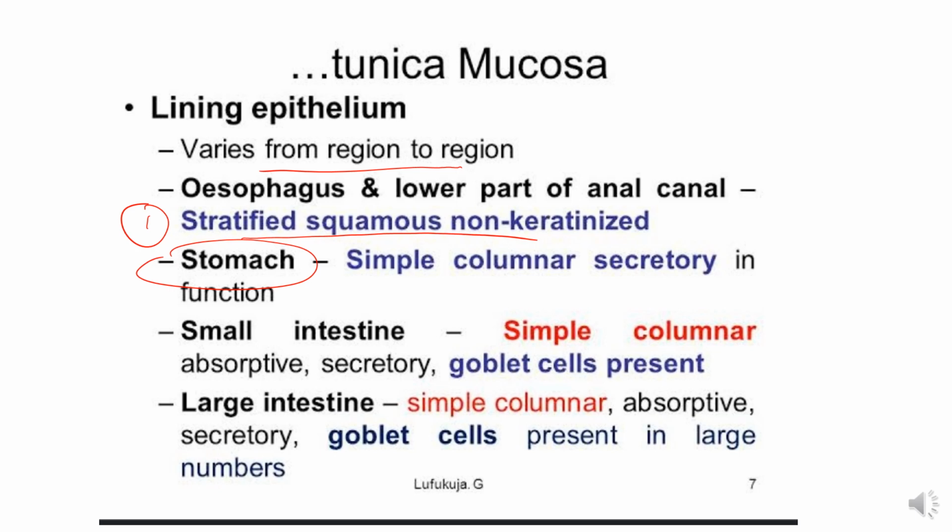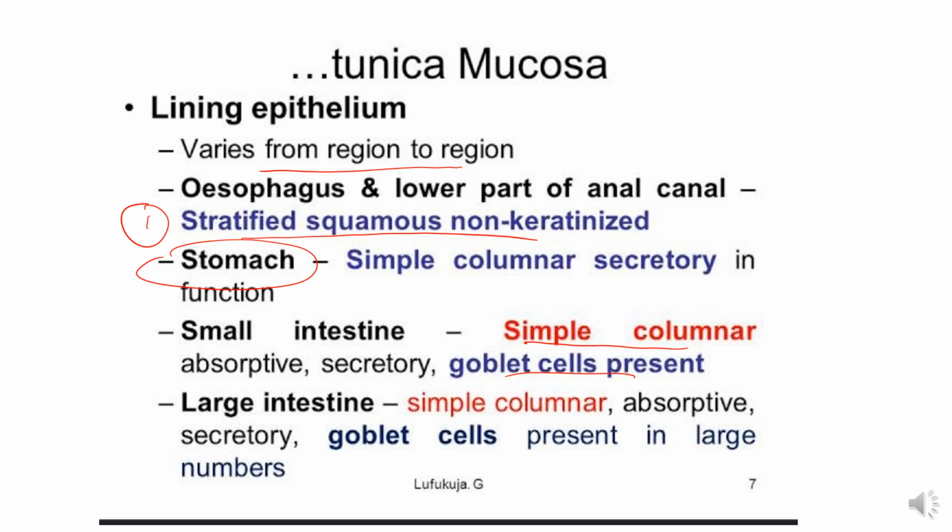In the small intestine, we also have simple columnar epithelium. So it is absorptive and secretory in function, and there is an addition of goblet cells in the simple columnar epithelium, because we need mucus also in the small intestine as well as the large intestine.